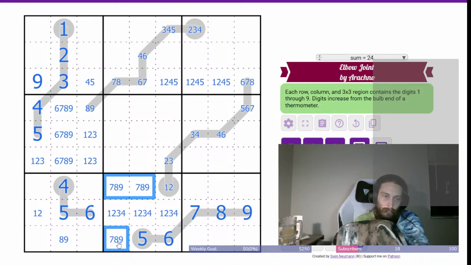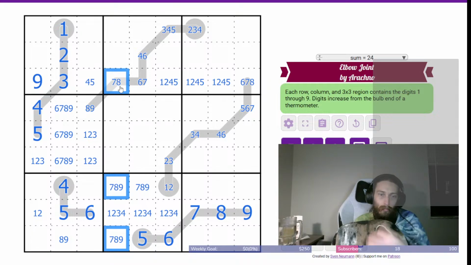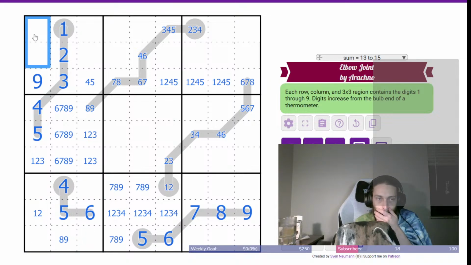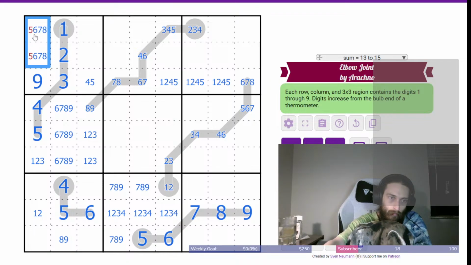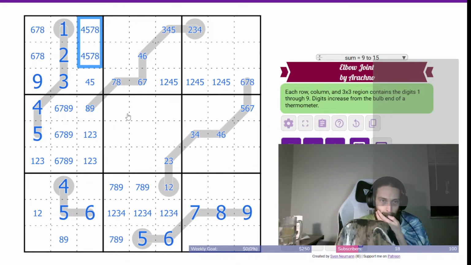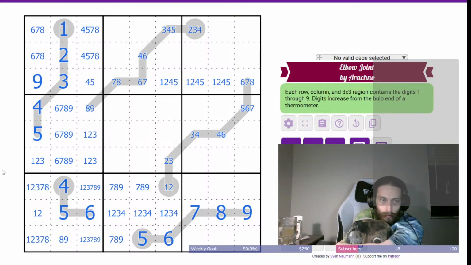But that's a 1, 2, 3 triple across row 6. Similar, column 4, 7, 8, 9. So nope, never mind.